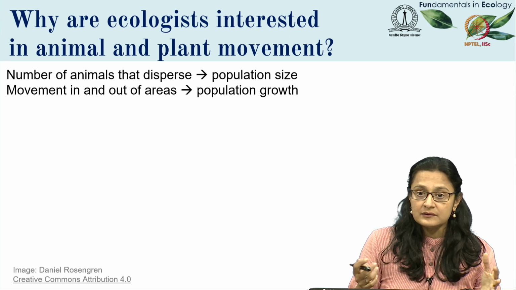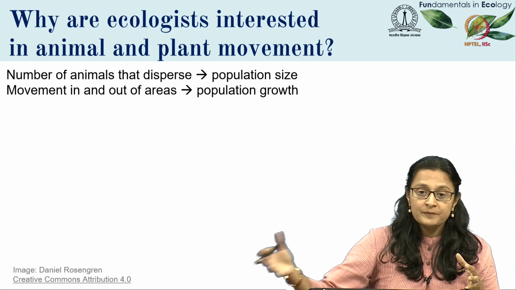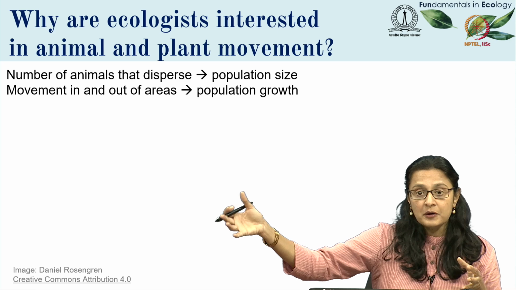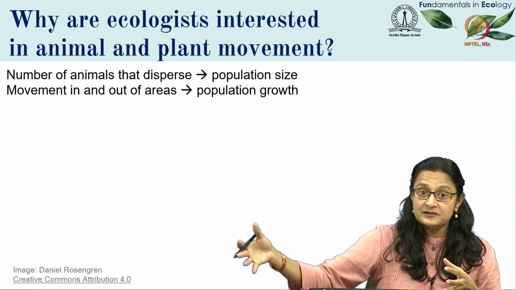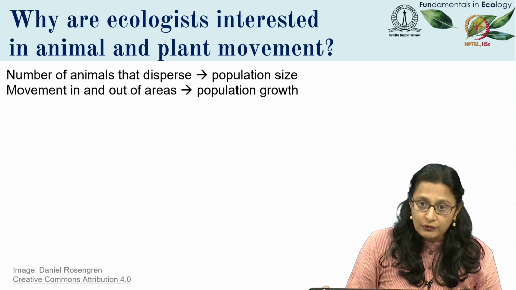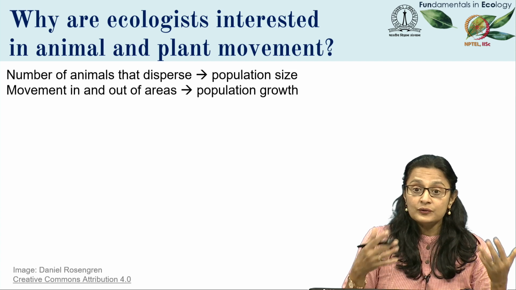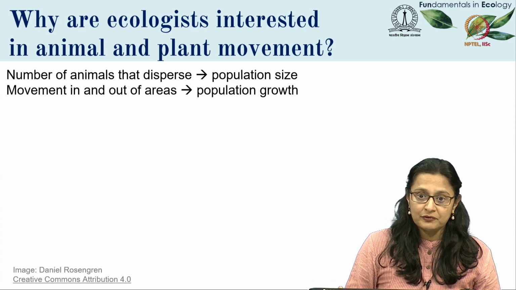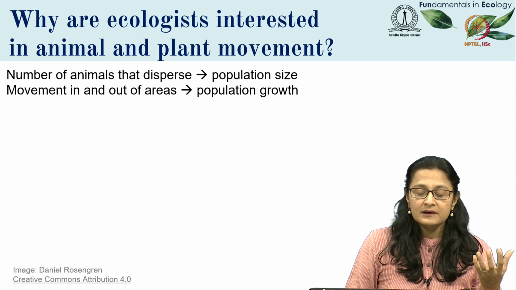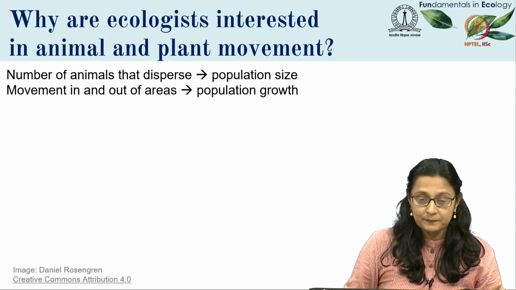How many propagules, or how many animals that move from one area to the next influences the population size of the natal area, and also influences the population size at the destination. Movement in and out of areas can influence population growth. Who stays behind and who goes affects who's breeding and how the population can grow. So movement influences these metrics that are necessary for us to understand ecological processes in an environment.